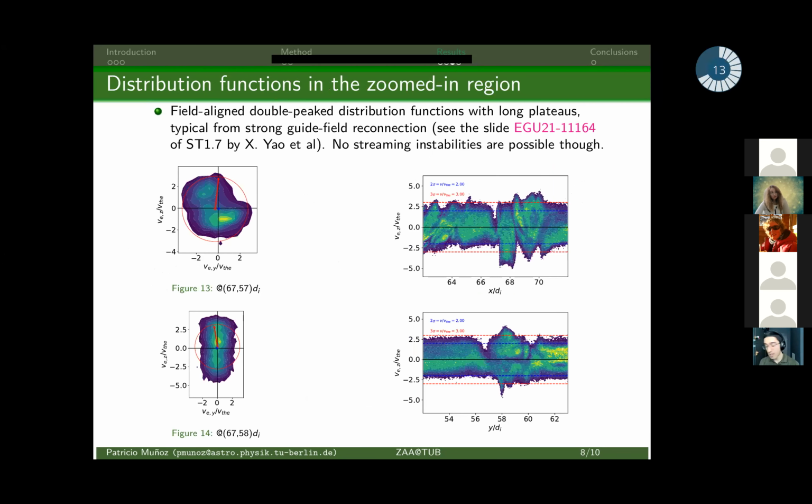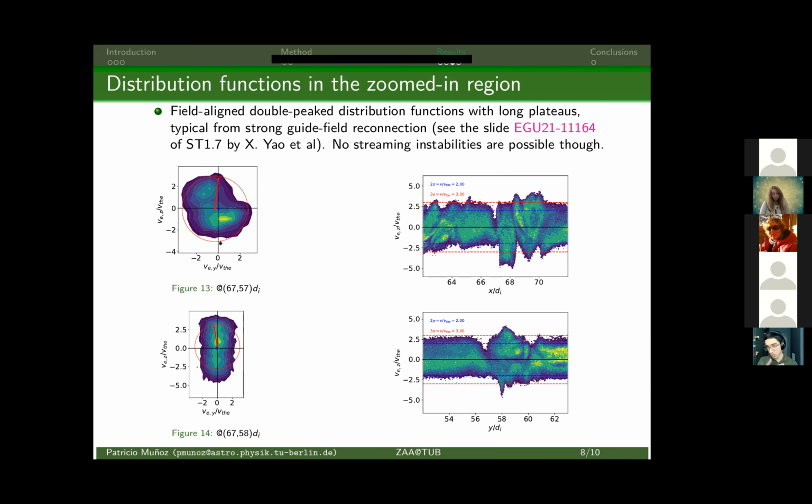So when we look at the microstructure of those regions in velocity space, we found mostly field-aligned double-peak distribution functions with long plateaus, as we can see here in those distribution functions taken near one of those X points and near the boundary of one small magnetic island. This is at the X point, and this is on the boundary of one magnetic island. The red line here shows the direction of the magnetic field. So those are mostly field-aligned structures.